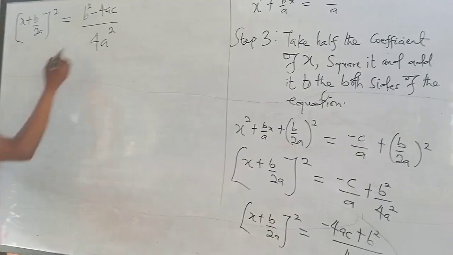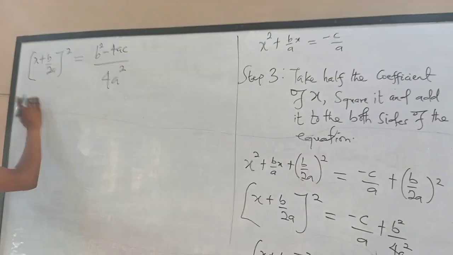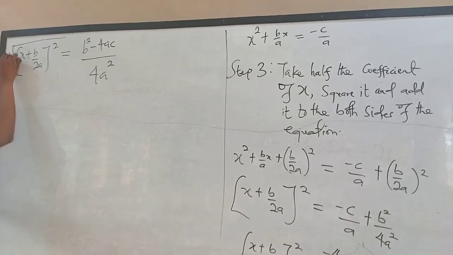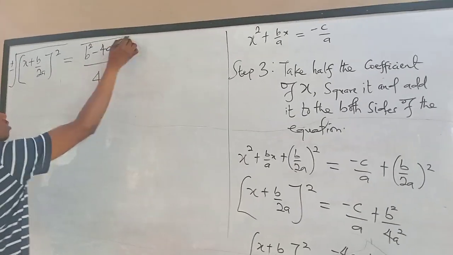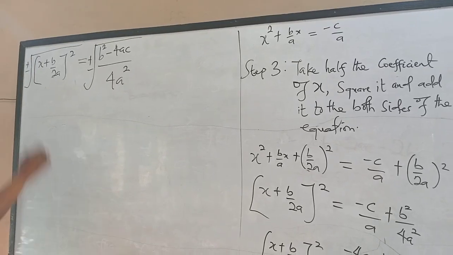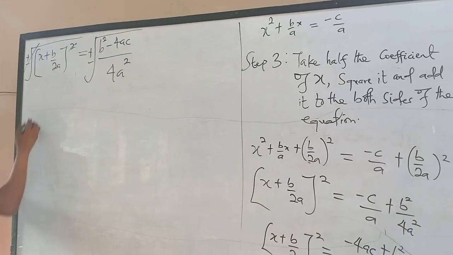So that is what I'm going to do here. Now this is squared, so I'm going to take the square root of both sides of the equation. The moment the square root comes in, you have plus or minus. So this square has cancelled out this.